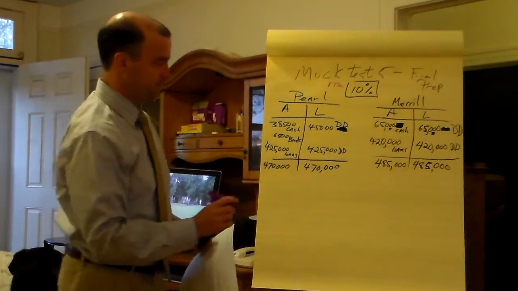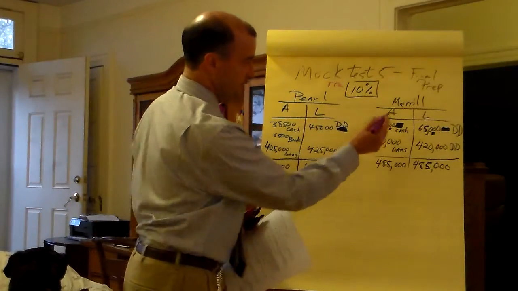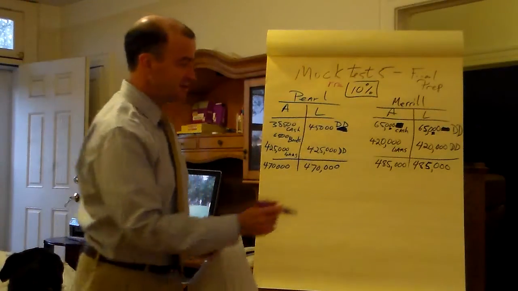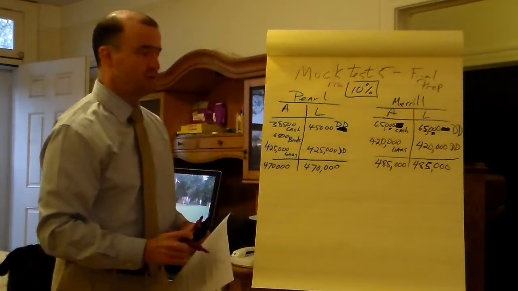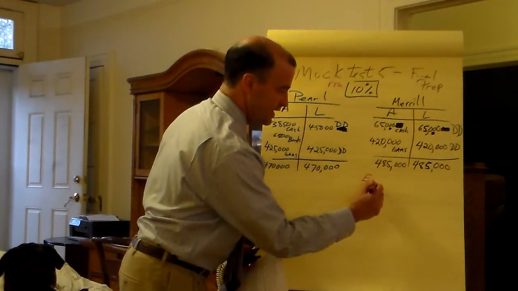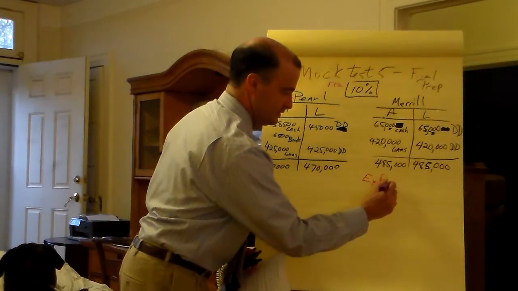Merrill's a little easier. All right, she has $65,000 in cash, $420,000 in loans, and $485,000 total demand deposits. So let's straight away calculate excess reserves.